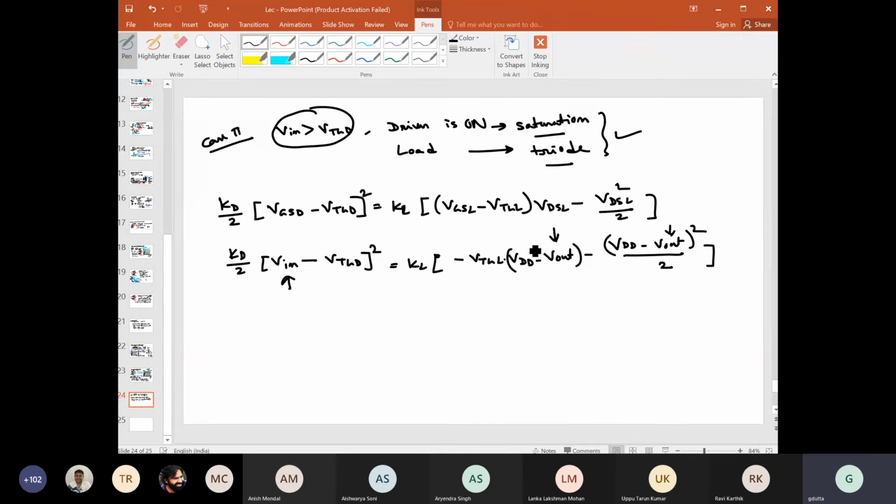If you simplify a little bit and try to find the expression of Vout from here, you will find two values of Vout. One of them will be valid, the other one will not be valid. The valid expression of Vout will be decaying with increase in Vin, and that decay will be in a nonlinear fashion.